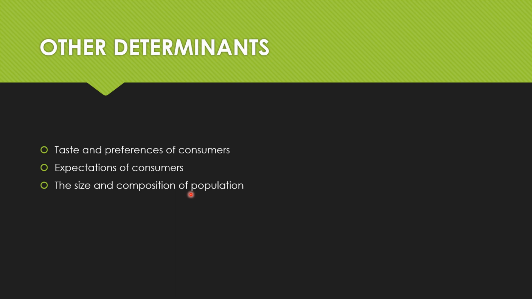So no matter if the toy is costing 5 rupees or it is costing 10 rupees, people might still buy it. And same goes for diapers, right? For kids, diapers are used. So no matter what the price is, people would still buy. They might reduce the usage if it's very costly, but they won't refuse buying it. There will be a demand for diapers. And why is this happening? This is happening because of the composition of the population.